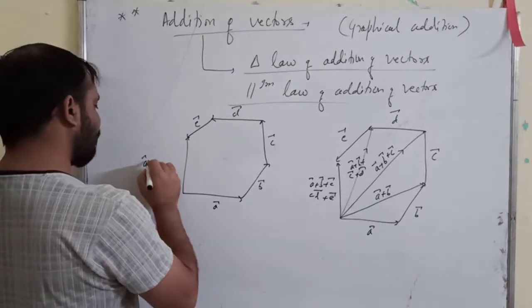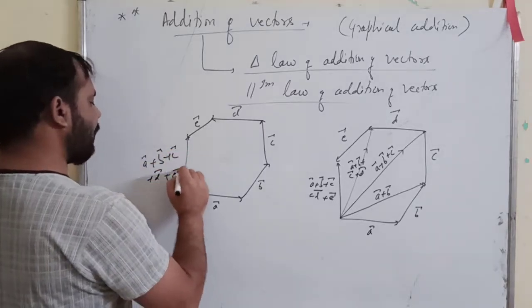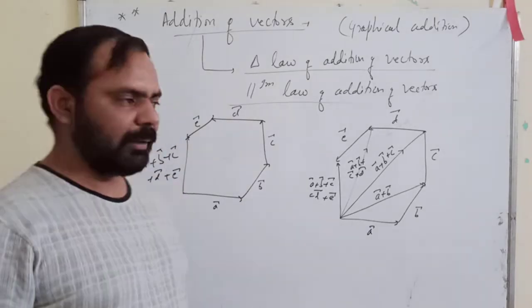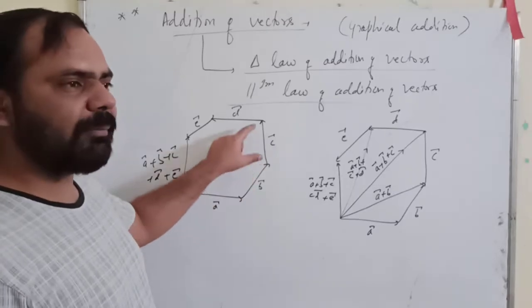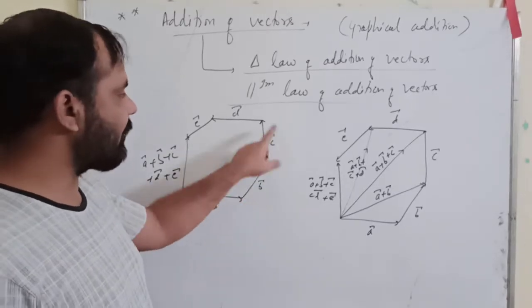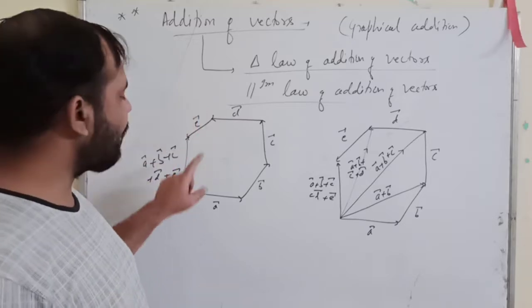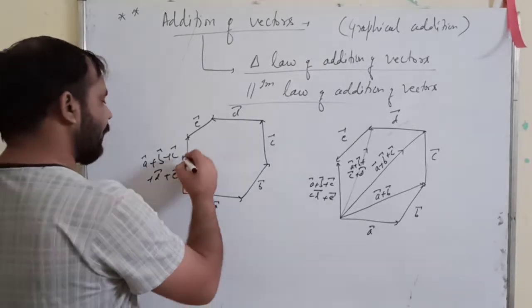So it is A plus B plus C plus D plus E. Now this is the shape of a polygon. So this says that if a number of vectors can be represented by adjacent sides of a polygon, then their sum will be represented by the closing side of the polygon in the opposite direction.